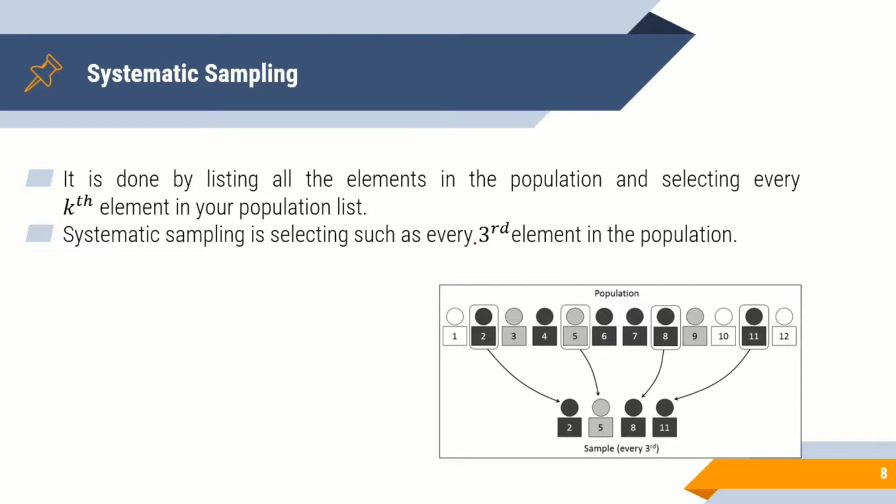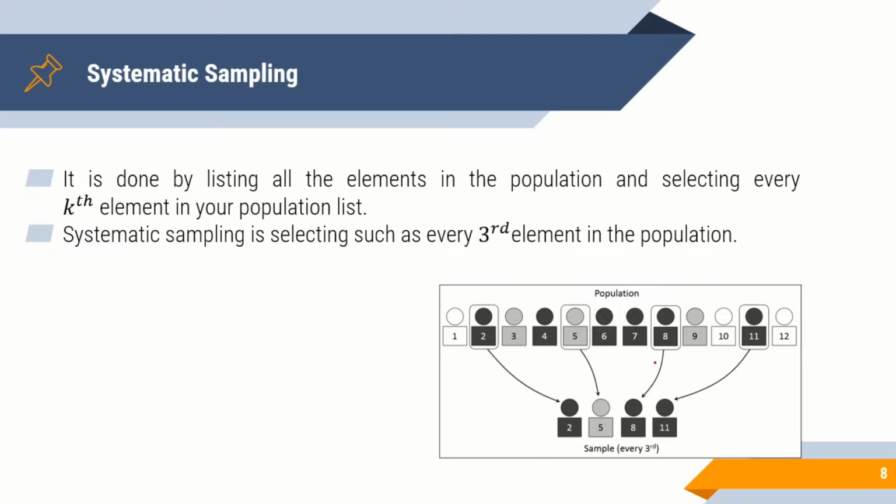So starting from 2, the next to be included in the sample would be, first, second, third. So the third one is 5. So 5 will be included in our sample. Then starting again from 5, we get the third: first, second, third. Then 8 is the third one, so 8 is also included in the sample.